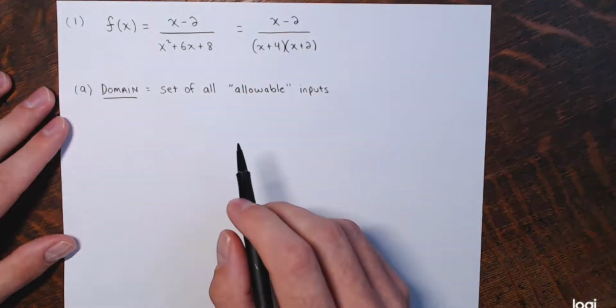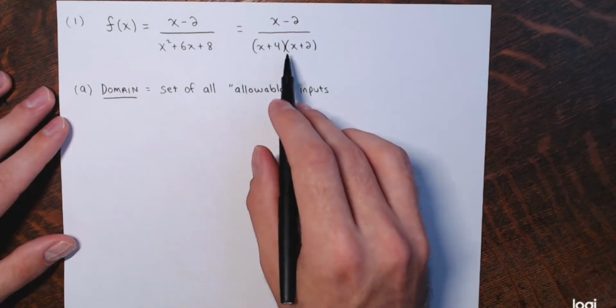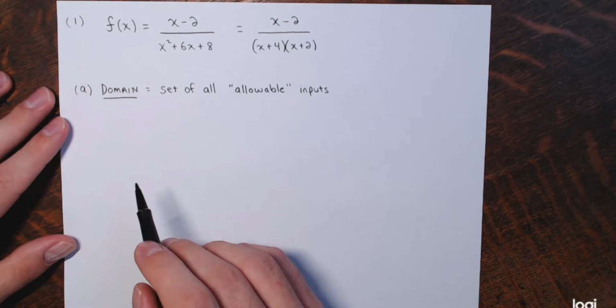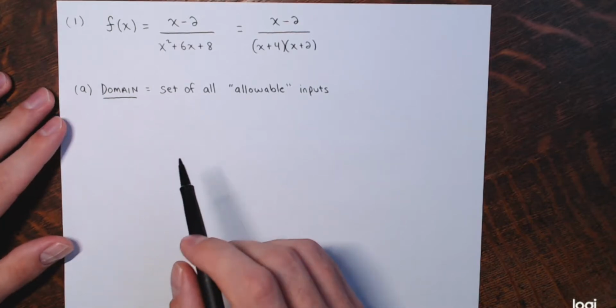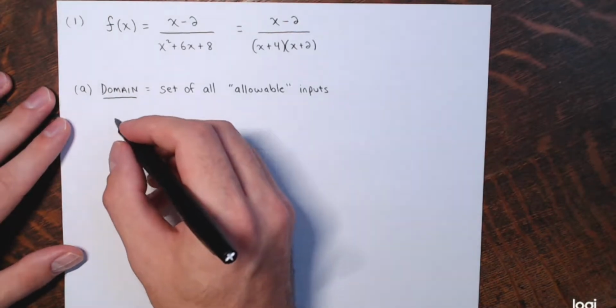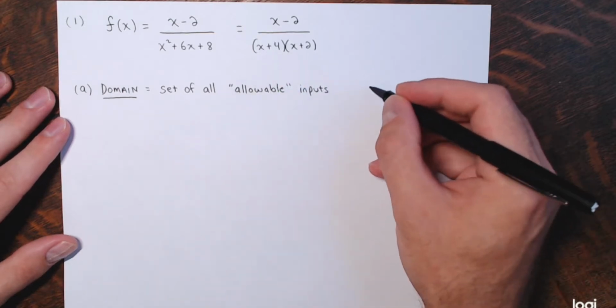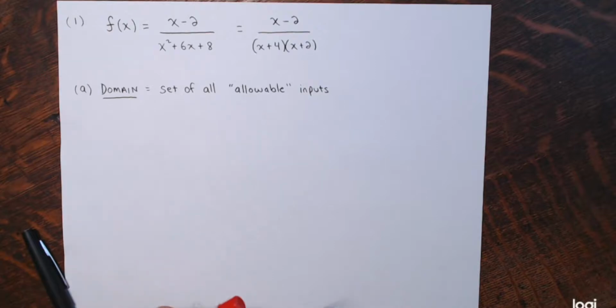That would be x squared plus 6x plus 8, and you can FOIL, multiply these together and see that they are indeed the same expression. So remember, recall that denominators can't be 0.